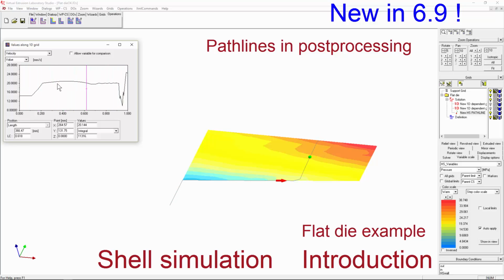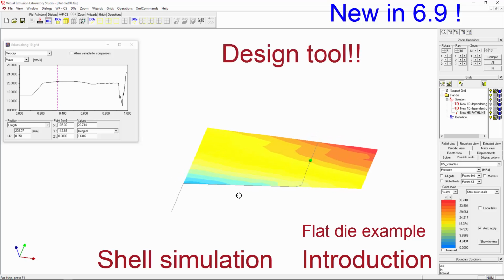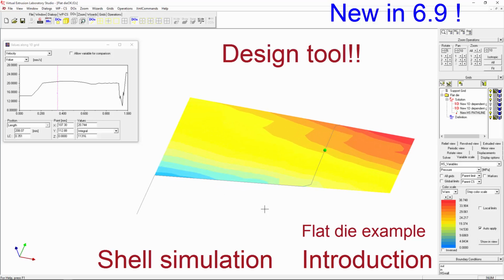So this shows me velocity on that particle. So I can do similar things like I do for normal 3D meshes. Okay, but I gain the simplicity, I gain easy mesh generation, I gain easy adjusting, change of parameters. So when somebody needs to design an initial design, this calculation is really very fast.